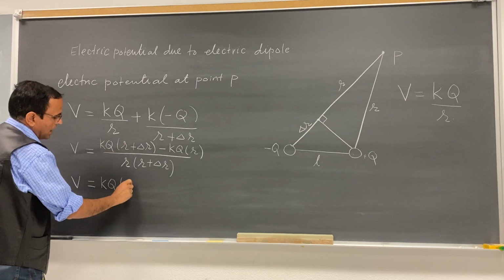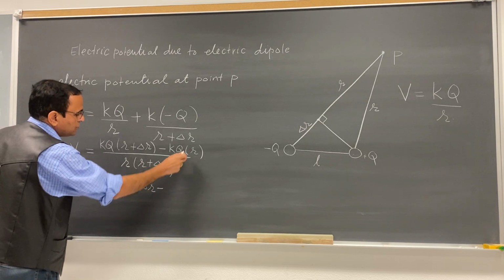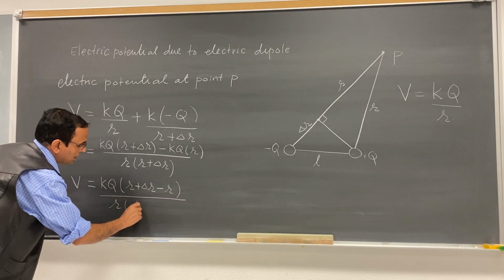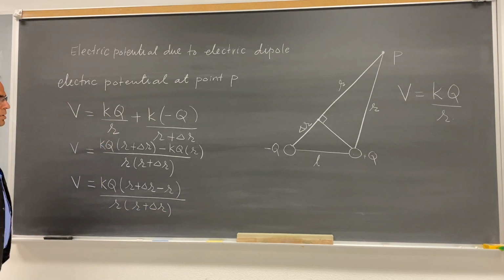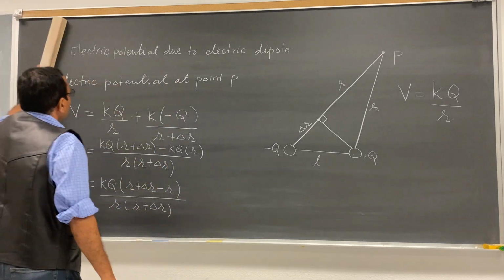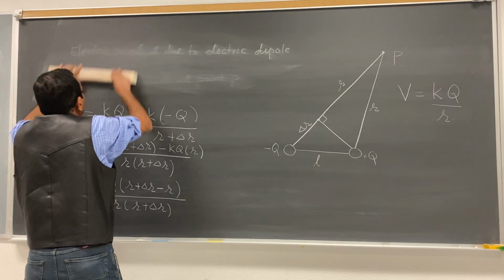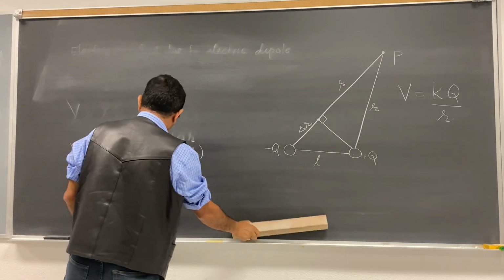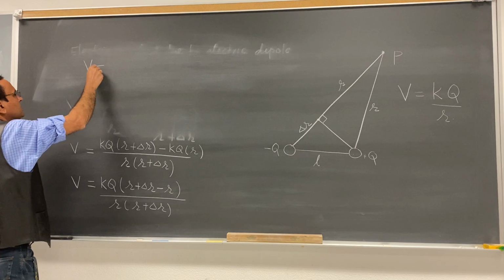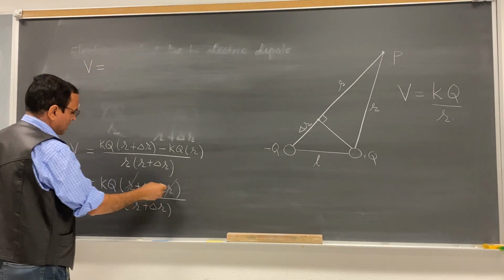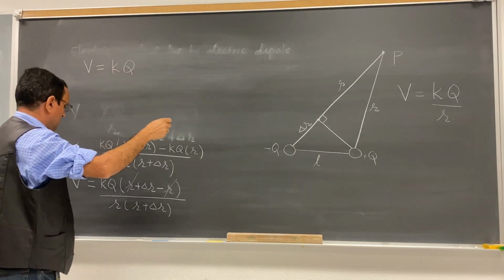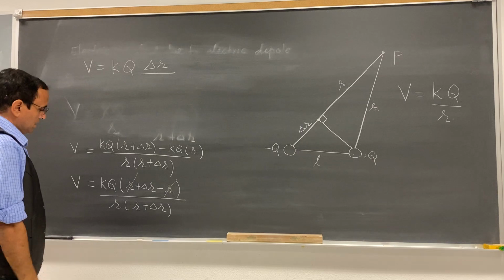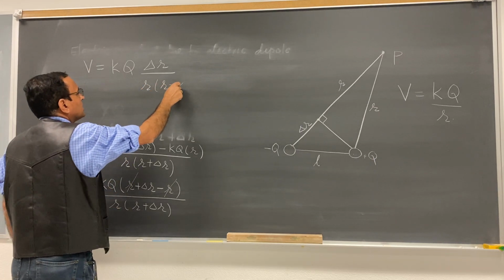Here you have R plus delta R minus R, and divide this by R times R plus delta R. So V equals, this R and negative R cancel out, so KQ delta R divided by R times R plus delta R.